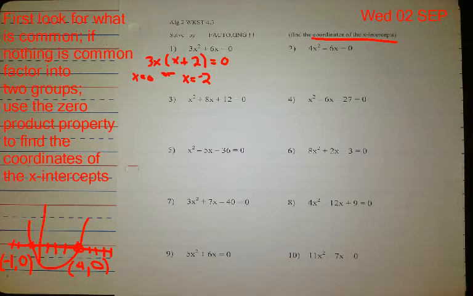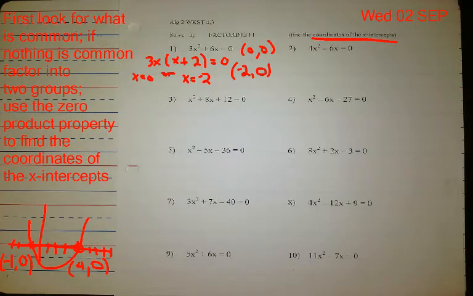Well, if these are the two x numbers, then the answer to this is going to be 0, 0, and negative 2, 0. So if we want the coordinates of the x-intercepts, that's the answer to number 1.